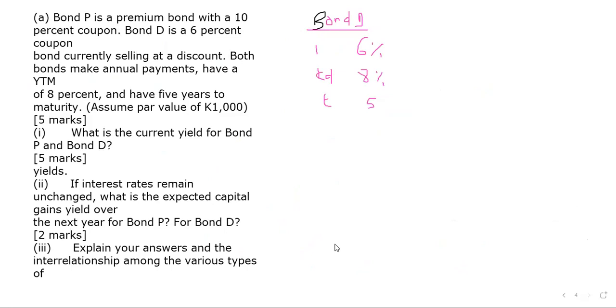Gents, bond D. How do we calculate? What's the job of this guy? Capital I, small i. Coupon interest produces what? The capital I, right? So small i times the face value at maturity. So 6% of 1,000 is 60 kwacha.